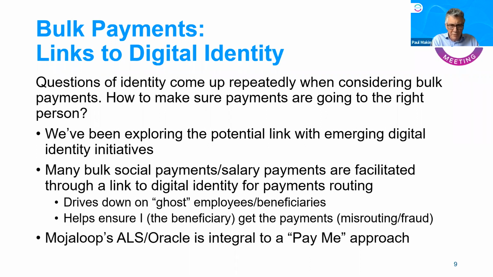We've seen a number of countries where this has worked very well for bulk payments, particularly I'm thinking Nigeria, where they used digital identity for payments routing, and really managed to flush out an awful lot of ghost employees and beneficiaries across various social payment programs and the government itself. And it helps ensure, from my perspective as a beneficiary, that I get the payments, that there's no misrouting, there's no fraud going on, that the money actually reaches me.